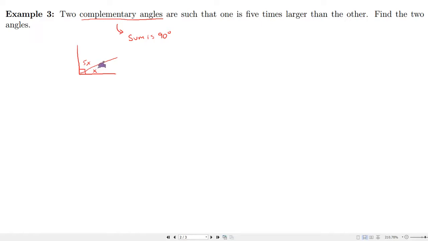If you don't want to draw a picture like this, you could write something like this. Angle 1 is x, and angle 2 is 5 times larger than x, so that means it'll be 5x.